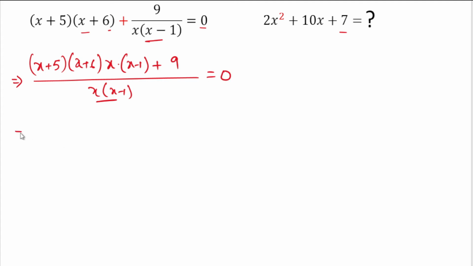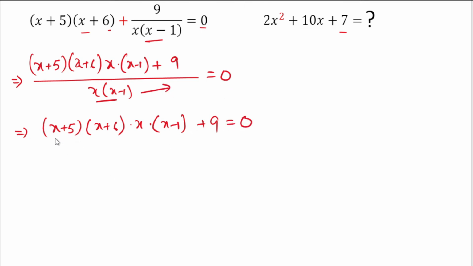Now we'll simplify it. It will be x plus 5 times x plus 6 times x minus 1 plus 9, and here we'll cross multiply with 0, and this term will equal 0.